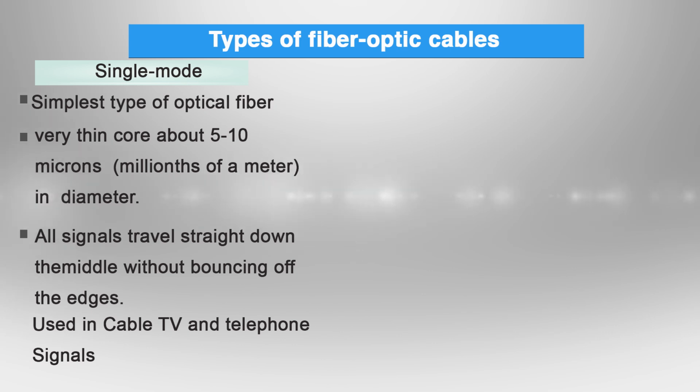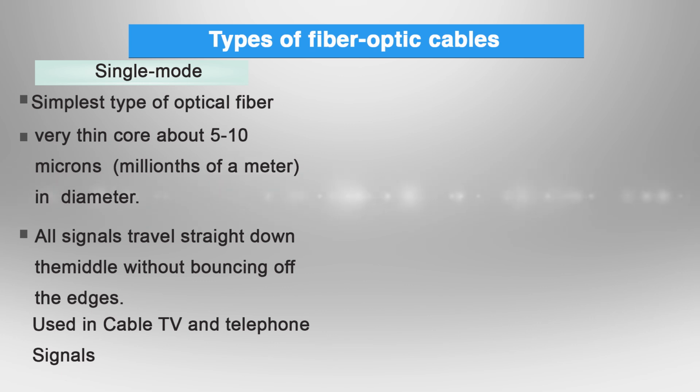It has a smaller core diameter, typically 10 to 12 microns, and a higher bandwidth than multimode fibers, allowing for fast data transmission rates and longer distance transmission without signal degradation. Single mode fiber is commonly used in telecommunication, for long haul networks, internet backbone and cable TVs.